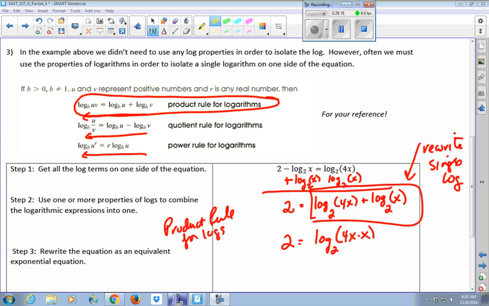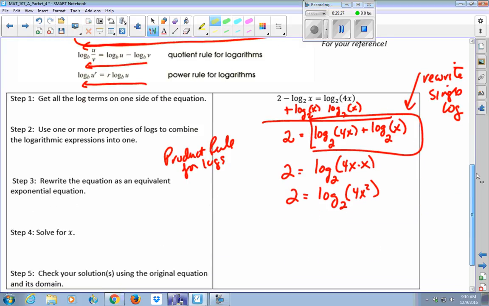Just multiply that. And I can rewrite that as 4x squared. So I had to do 2 steps before I could isolate my log. First I had to get all my logs on one side. Then I had to use one of my properties to squish it into one log.